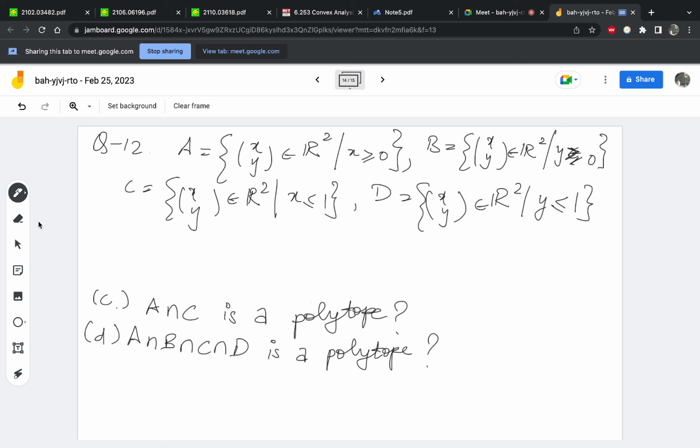The iPad is much more convenient for annotating and doing things like this. Maybe I'll try it from next time. Yeah, I'll try setting it up before next week. Also I think there's no copy tool. There's very limited functionality in this one. Yeah, Jamboard is very limited.